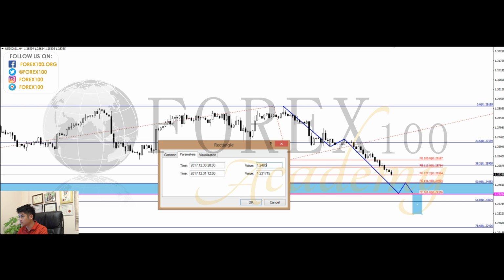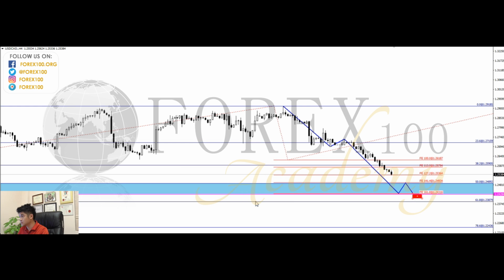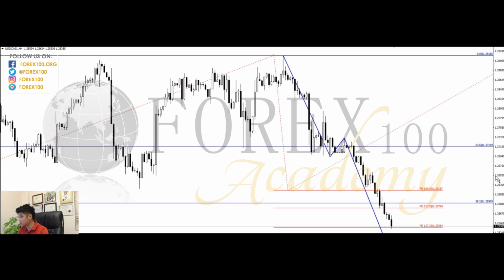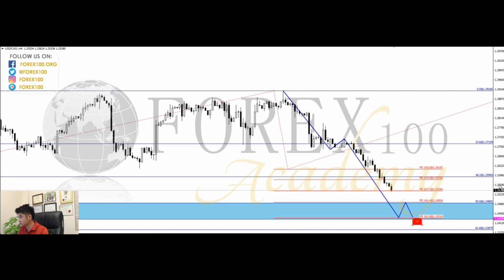Okay. So this is my initial stop loss. Okay, I placed it 25 pips below it.